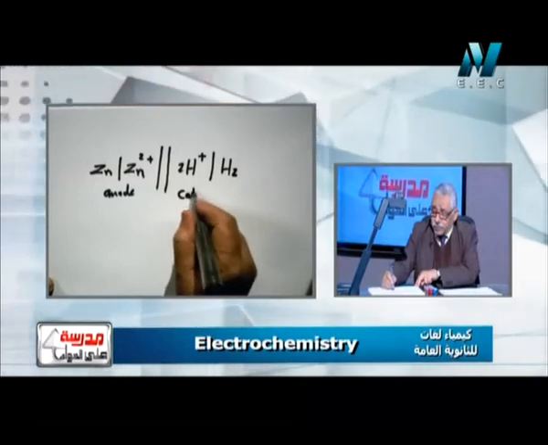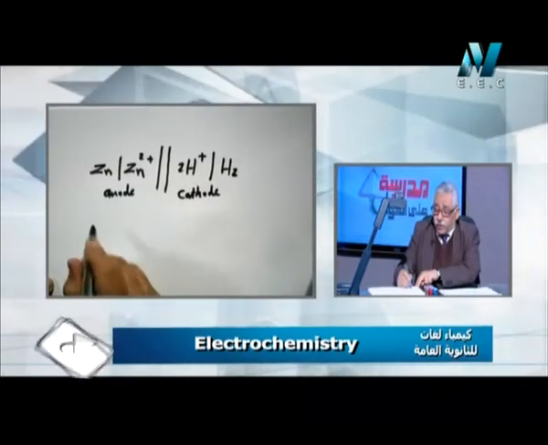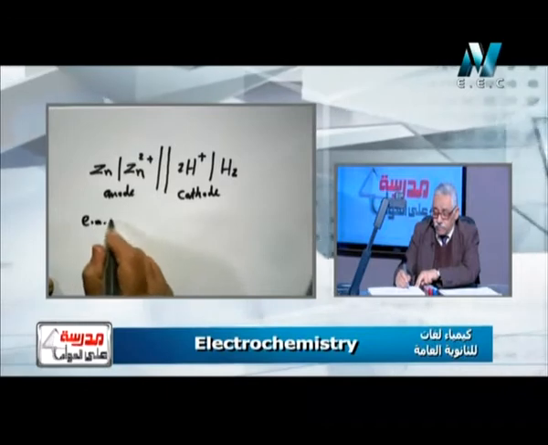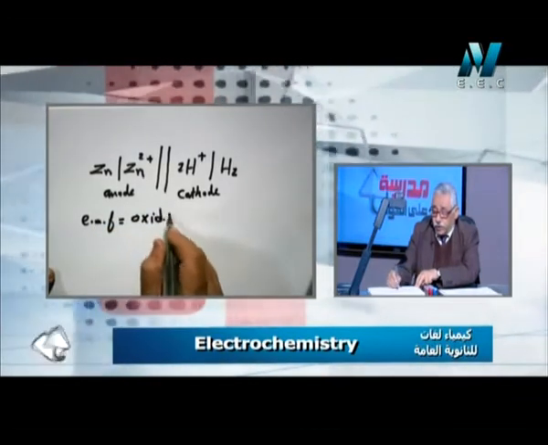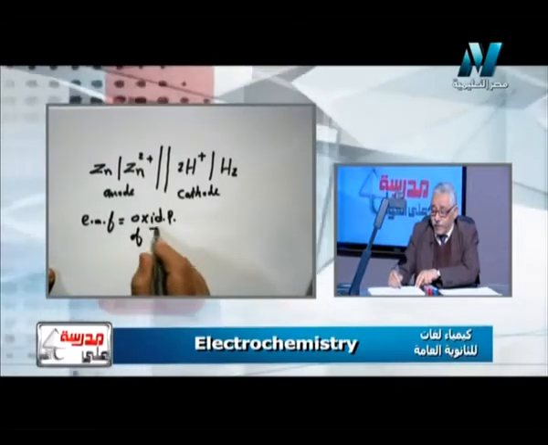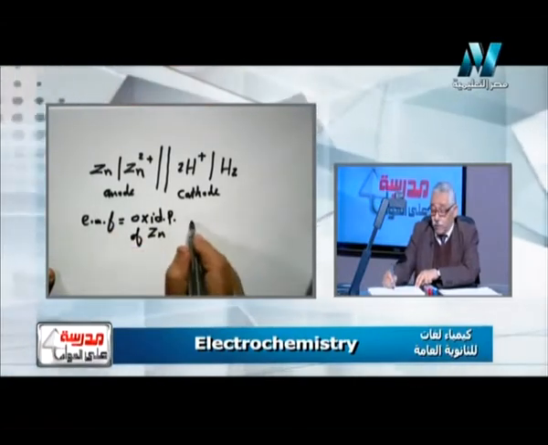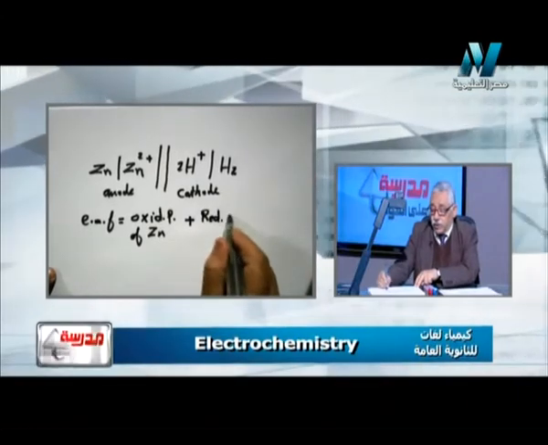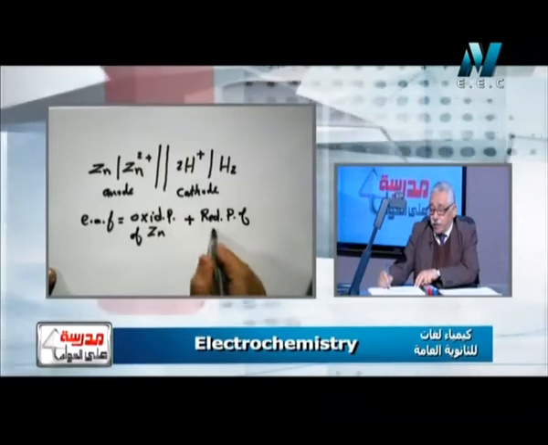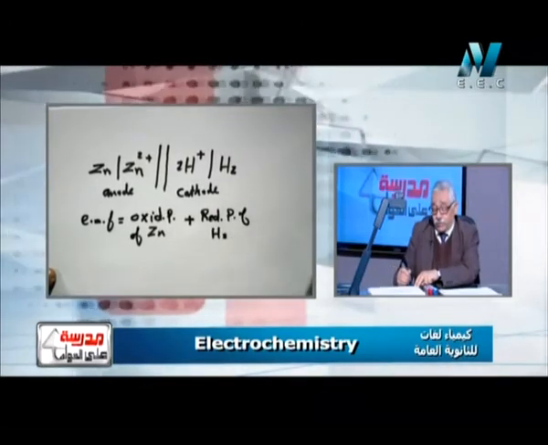This is the cathode. So EMF will be the oxidation potential of zinc, because it is the anode, plus the reduction potential of hydrogen, because hydrogen is the cathode.